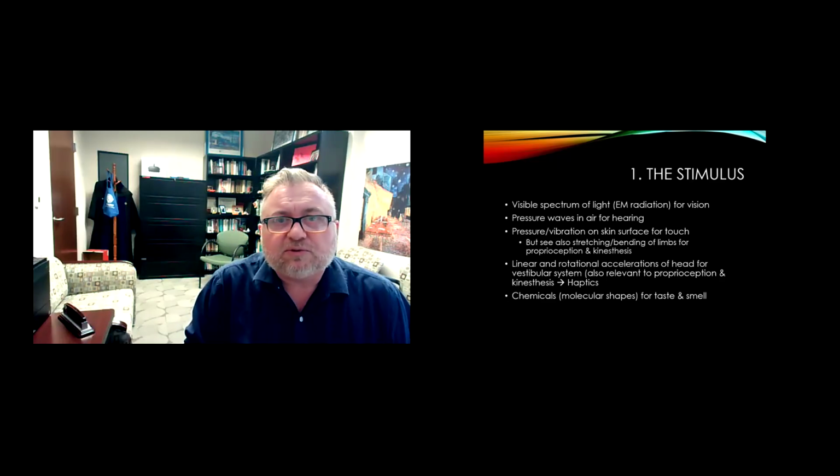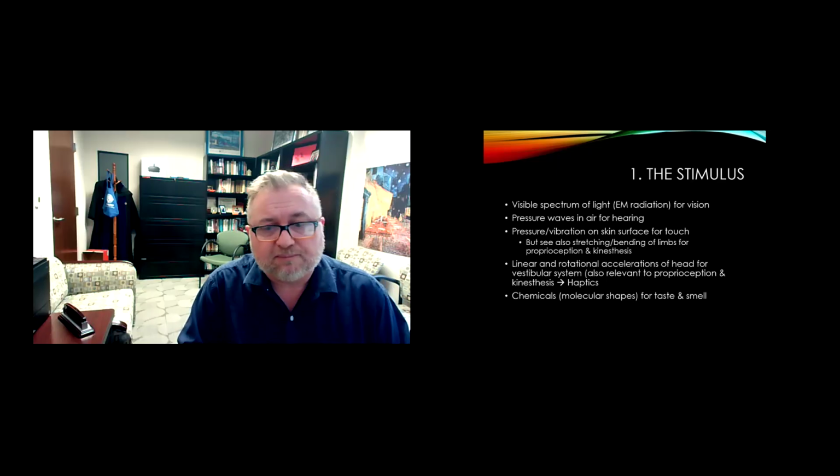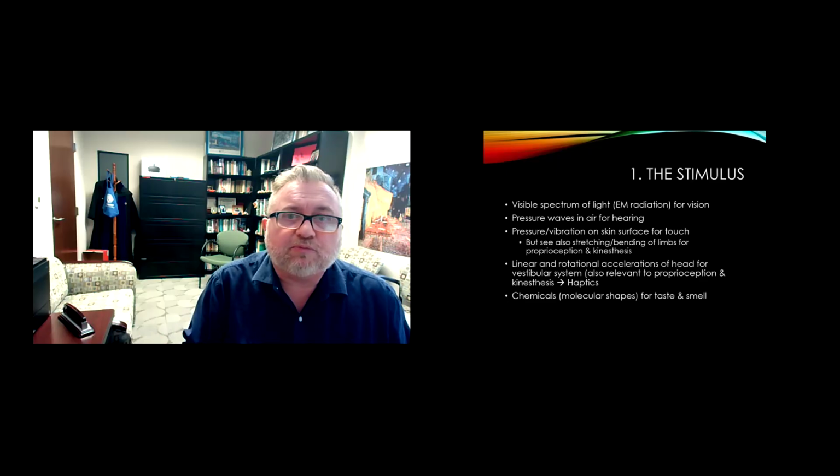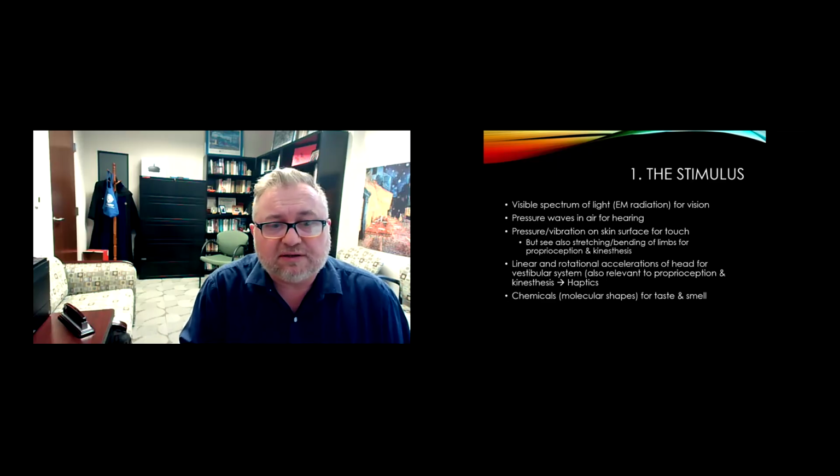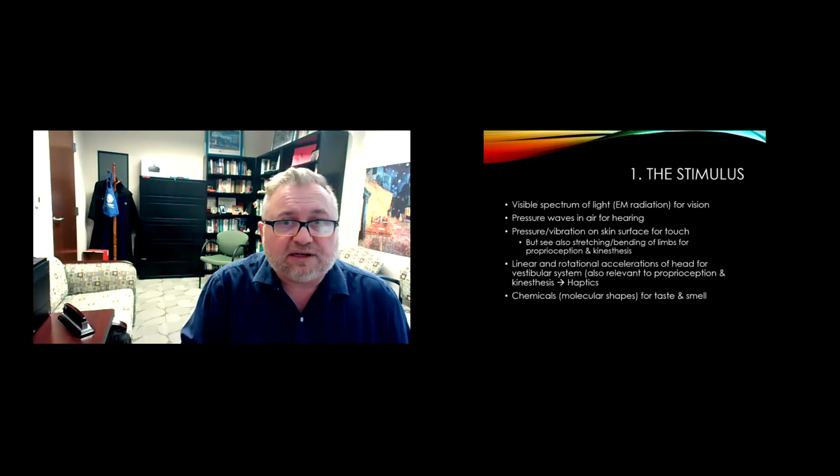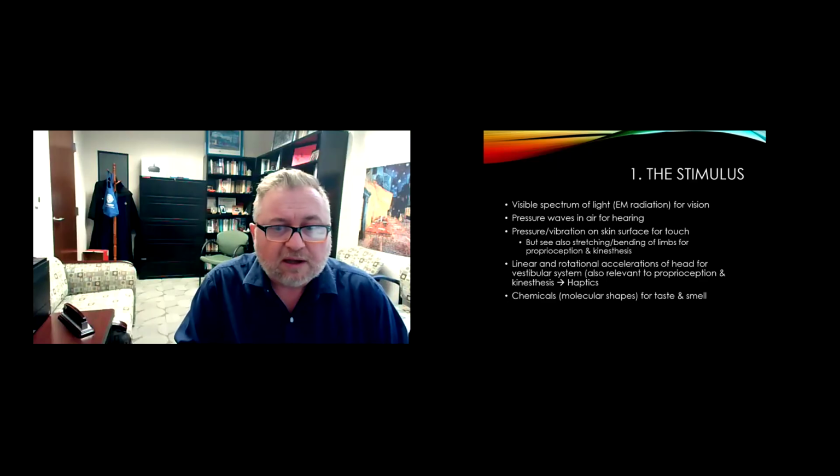We have similar receptors that are actually embedded in the muscles and tendons, and that also provides information about our bodies, right? So proprioception is our body posture, and kinesthesis is our body movement. So again, this kind of mechanical pressure and vibration and stretching of the skin surface and or deformation of other body tissues like muscles and tendons also becomes a physical stimulus for, in this case, we might call it all haptics, if you want to call it that.